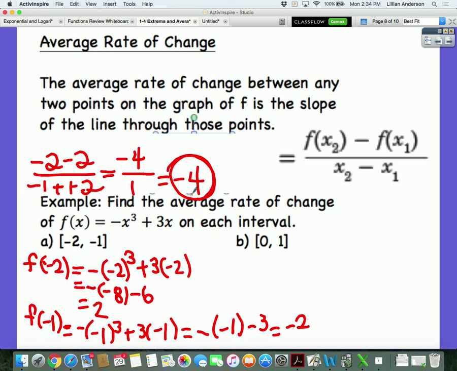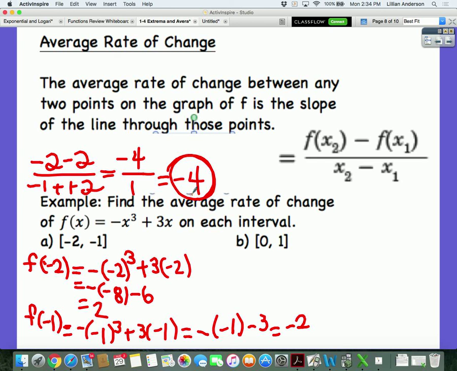And just by doing that, if we were to graph this, that means from -2 to -1, this graph would be doing what, you think? If you have a -4, it's going to be decreasing. Okay? Yep, it's the slope. So the slope from -2 to -1 is going to be negative, meaning it's going to be going down.